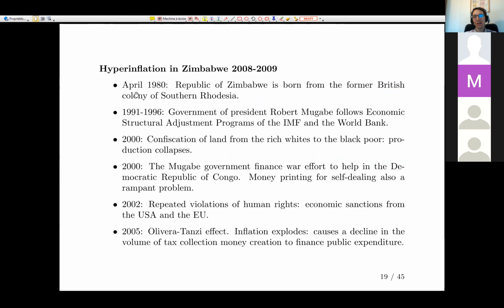Okay, so what's interesting in Zimbabwe is we really see this effect in action. In 1990, the Republic of Zimbabwe was born. So people were optimistic initially, like all the new African countries.